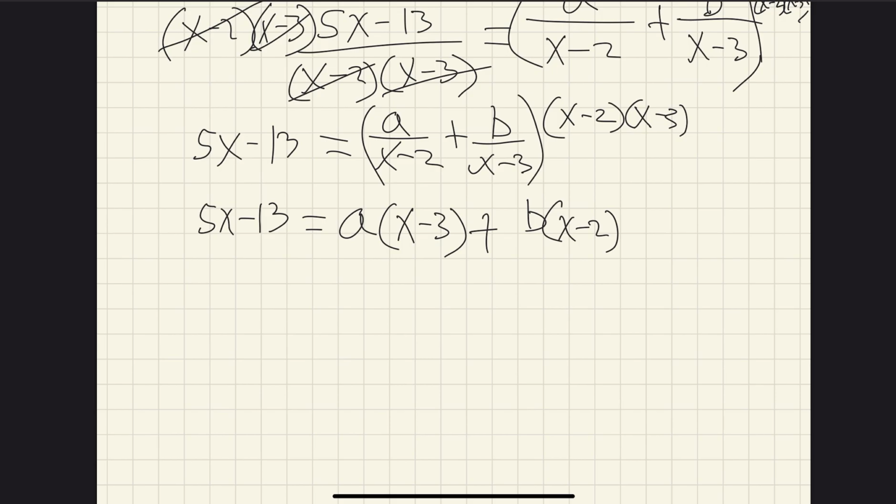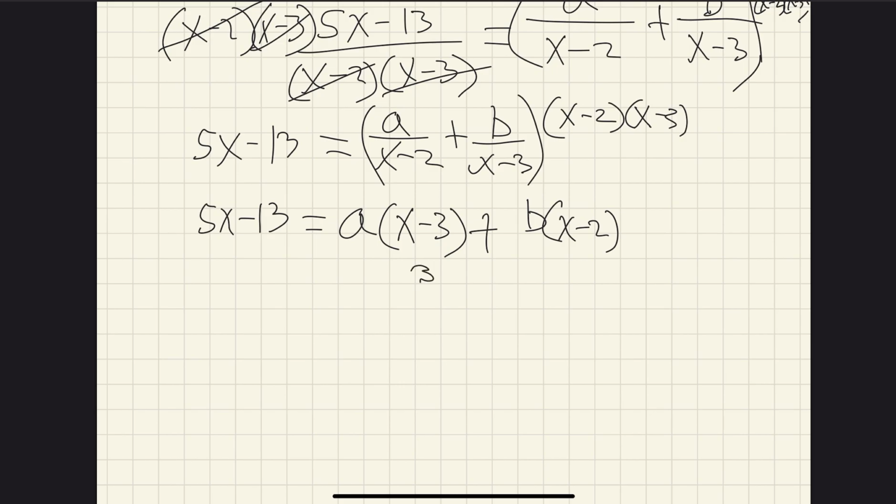The problem is we have one equation with two unknowns, our A and our B. The good thing is that we can plug in for x whatever we want. And so the strategy always here is going to be to plug in numbers for x that cancel out A or B, so we get rid of one of them and we can solve for the other one.